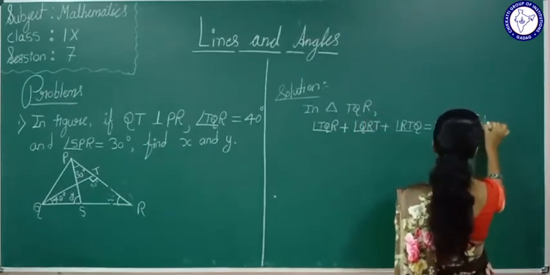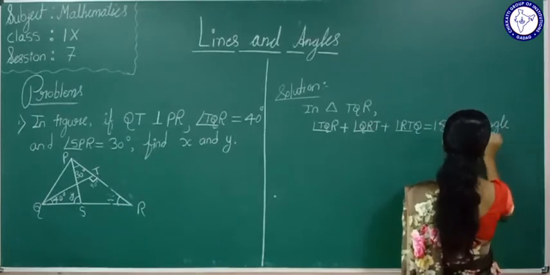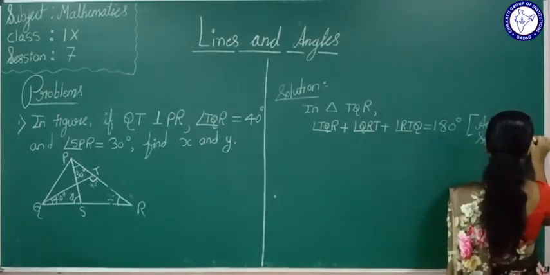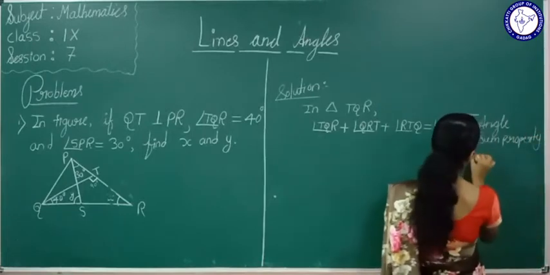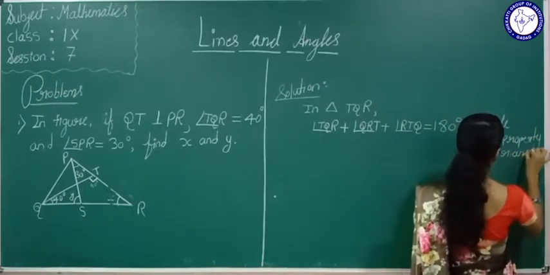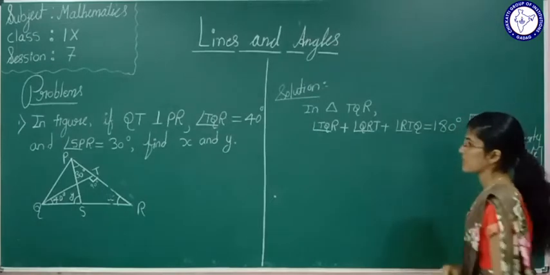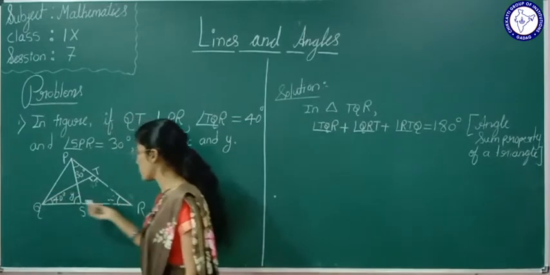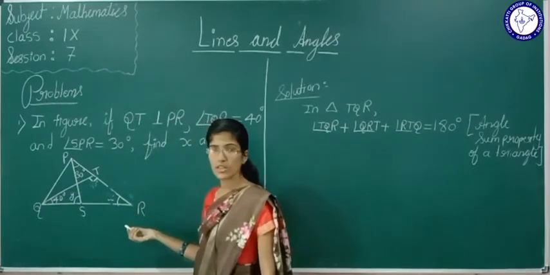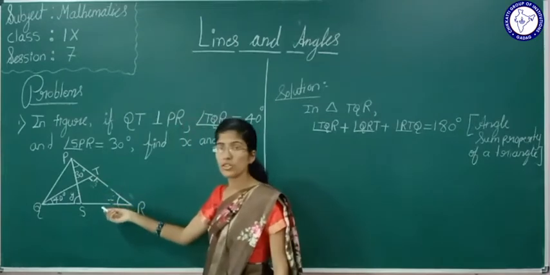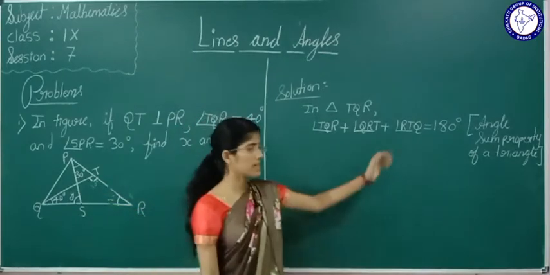What is this? The angle sum property of a triangle. Yes or no? In triangle TQR, we know that yesterday we learned the theorem: the sum of the angles of a triangle is 180 degrees.